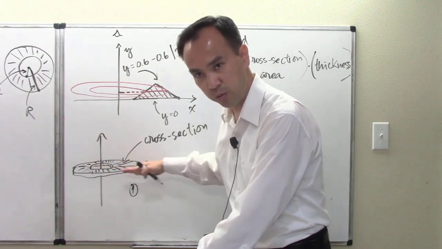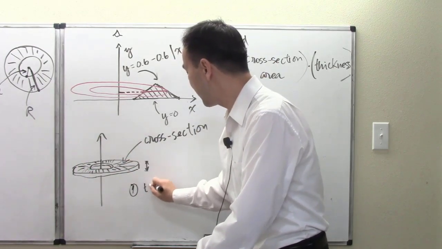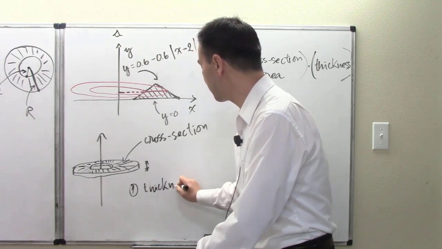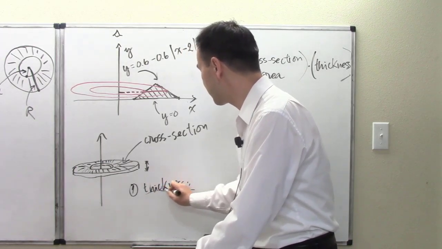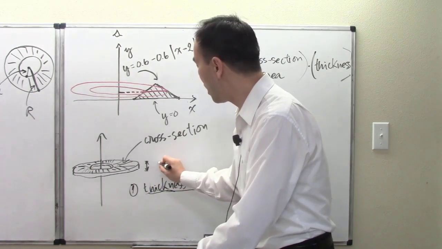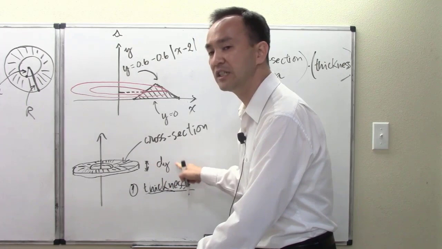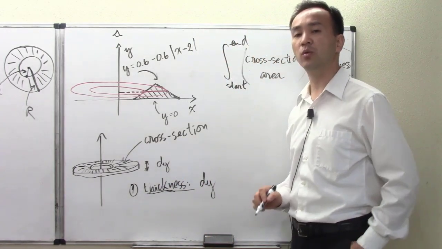So it's easy to recognize that the thickness on each washer is the infinitesimally small change in y value, and so we call it the dy differential. The thickness is now realized to be dy.